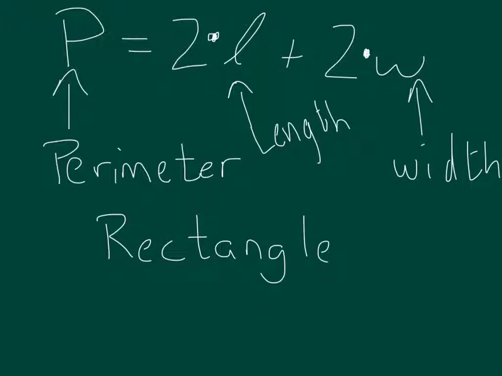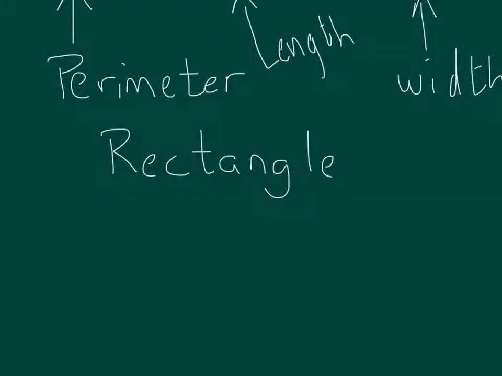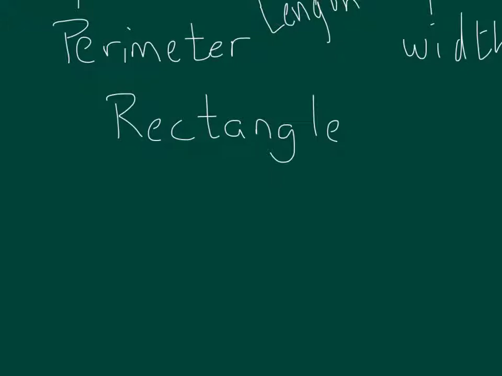Okay, so let's try one. If I gave you a rectangle here, and I said this rectangle is 32 and 15. Remember what your formula is. The formula is 2 times length plus 2 times width.